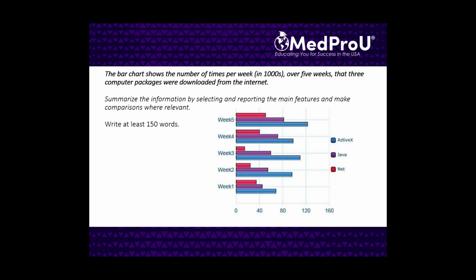The bar chart gives information about the weekly download rate of three computer packages such as JavaX, ActiveX, Java, Net over a 5-week period. How about you? Kindly paraphrase.